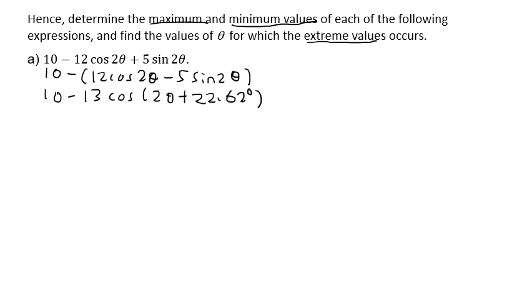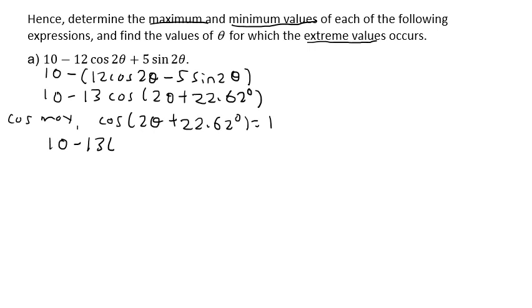With that, we can substitute with our r cos(2θ + α), which is 22.62 degrees. Okay, so we know cos is maximum when cos(2θ + 22.62 degrees) equals 1. So the expression will become, substitute the cos here with 1, so we got the value is actually negative 3.